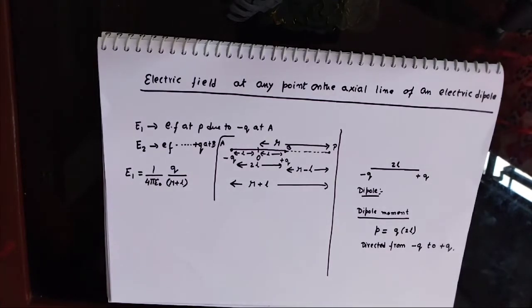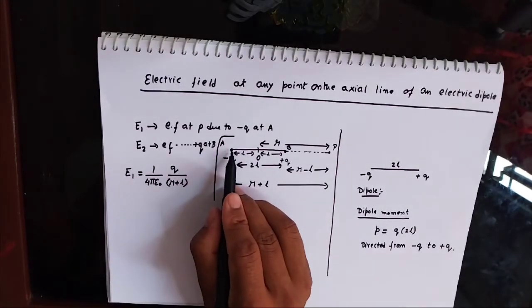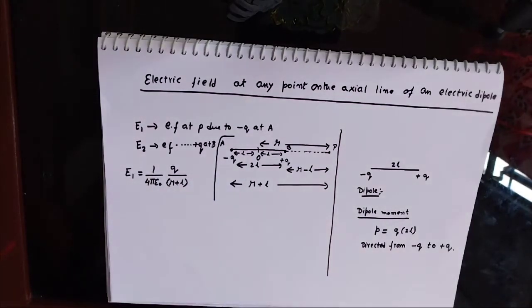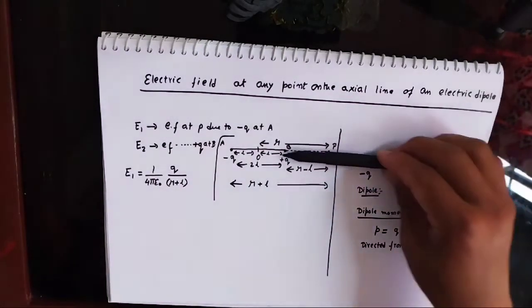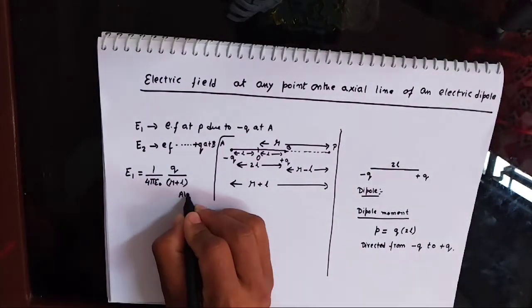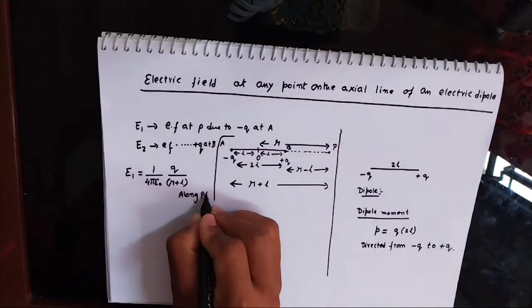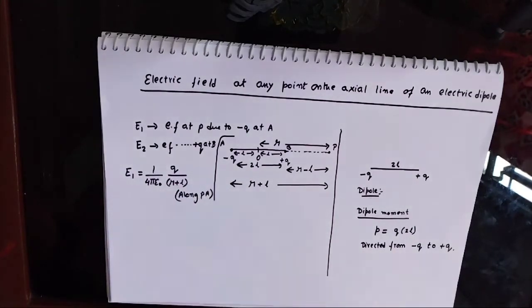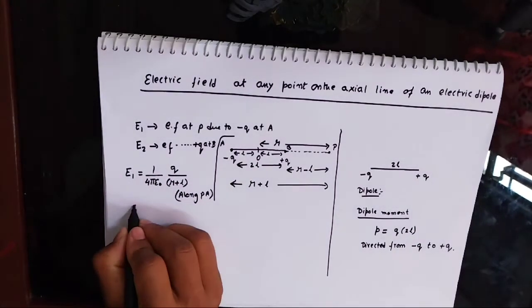As I have mentioned earlier, the direction of the electric field is toward the charge for a negative charge, and away if it is a positive charge. So this one is negative charge. So the direction of electric field is from P to A. So the direction of this is along PA. That is the direction of E1.